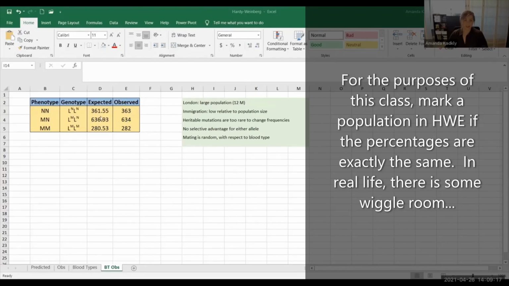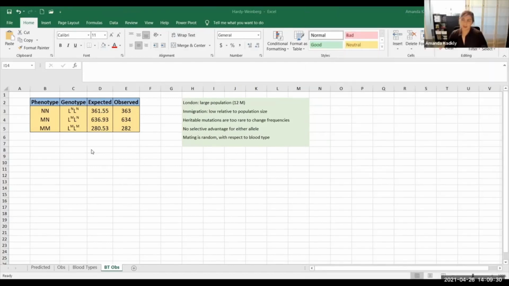Their observations very closely fit this model. That showed that blood type alleles were not really changing in frequency in this population at this time period, and this population was in equilibrium when we're talking about blood types.